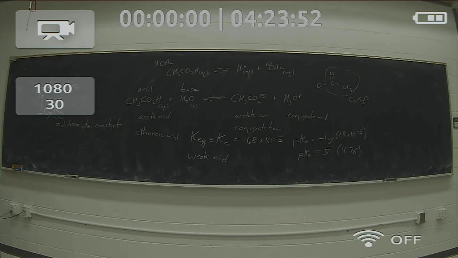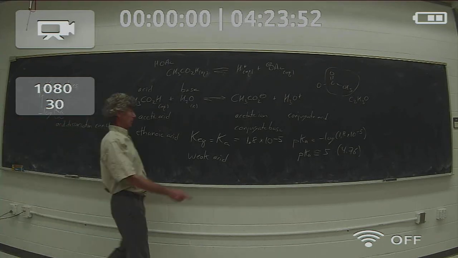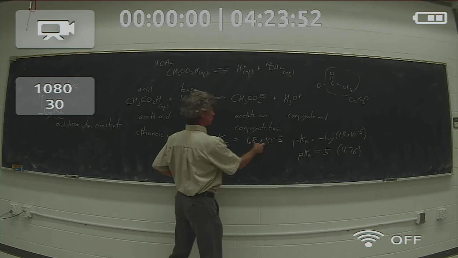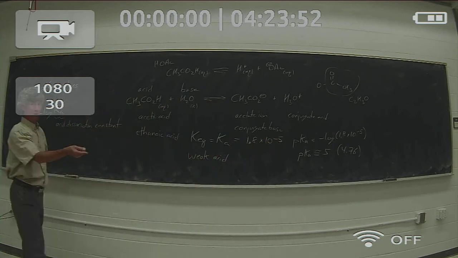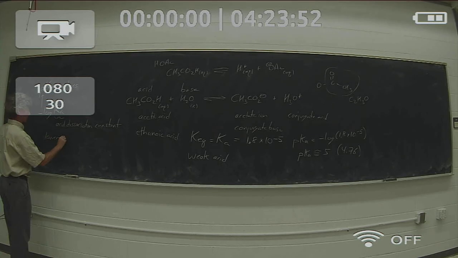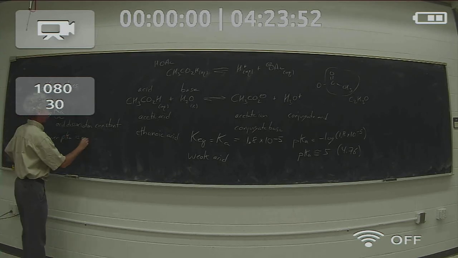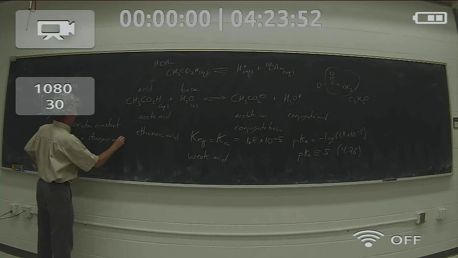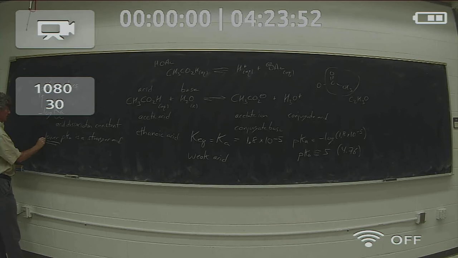So we need to know that the larger the Ka, the closer this gets to 1, or even greater than 1, the stronger the acid. And thus the lower value for the pKa is the stronger acid, because there's a negative log.